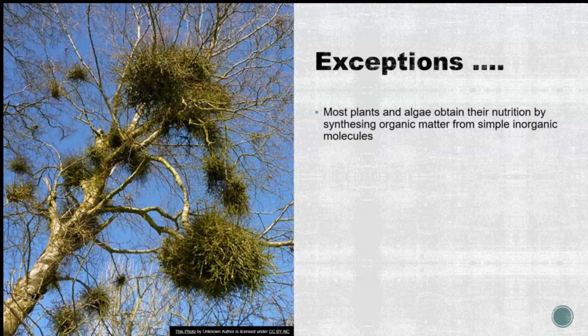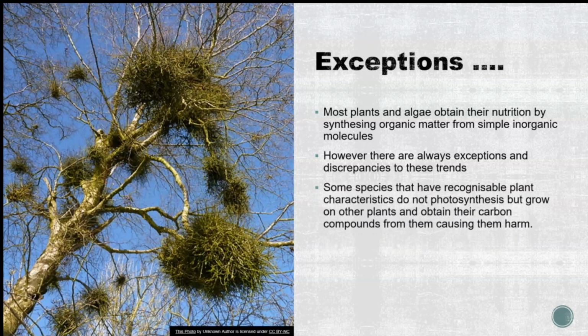Okay, so some exceptions. Most plants and algae obtain their nutrition by synthesizing organic matter from inorganic molecules. However, there are always exceptions and discrepancies to these trends. So these keywords, exceptions and discrepancies. Some species that have recognizable plant characteristics do not photosynthesize but grow on other plants and obtain their carbon compounds by causing them harm.